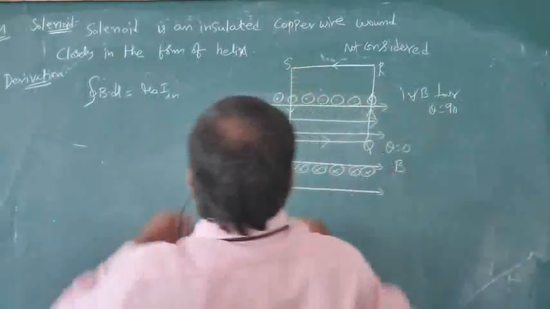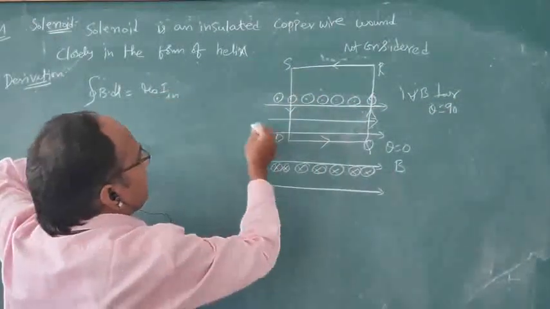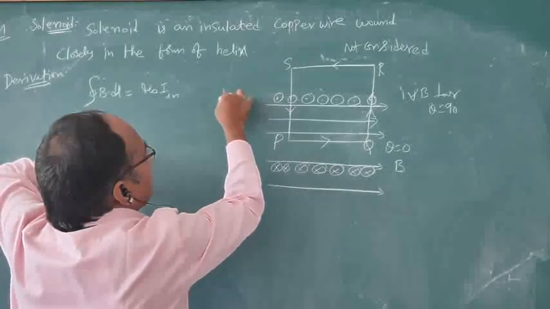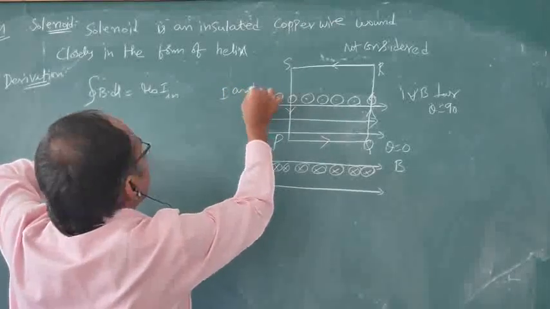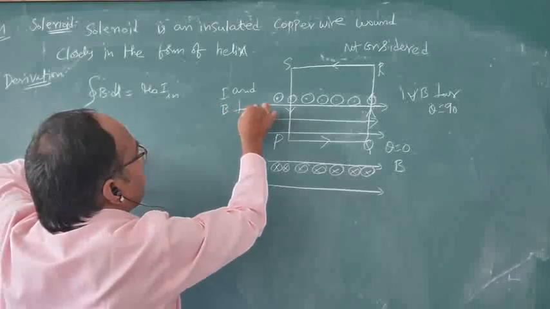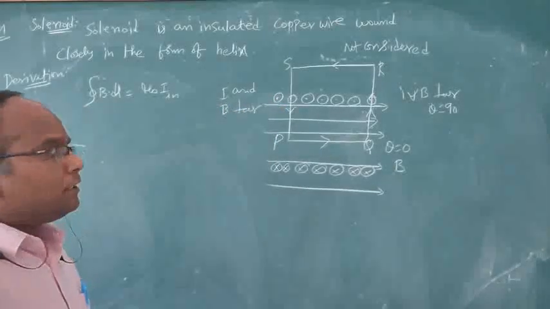Now here the wire is inside, and the current and magnetic field are perpendicular to each other. So what is the equation?